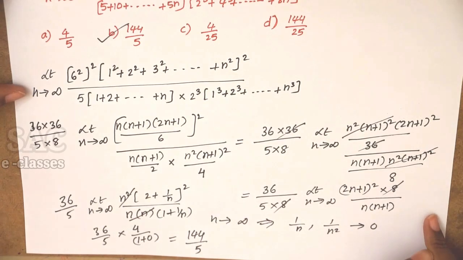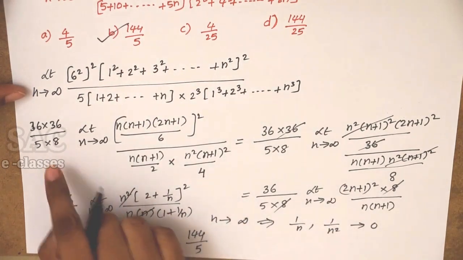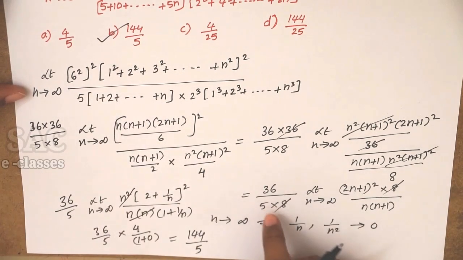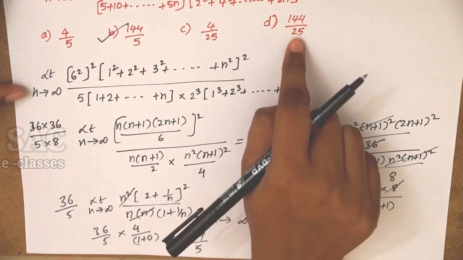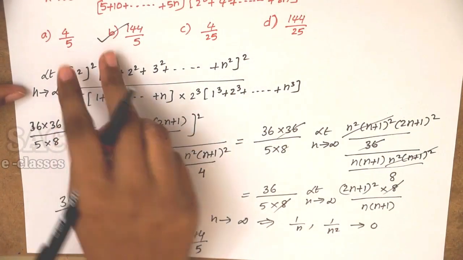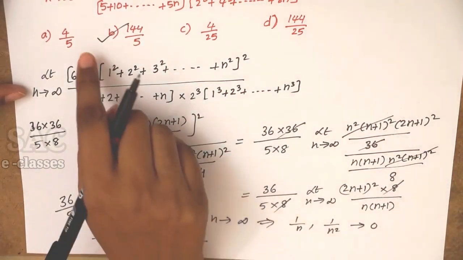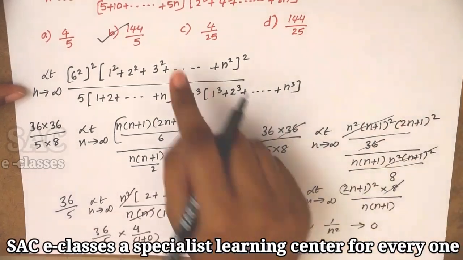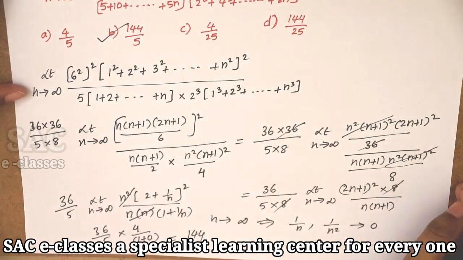Later on I have used the normal simplification to get it. We got the answer in the middle of it. It is definitely that the denominator is 5. There is no chance to get 25. That was known. But earlier we could guess that because it's already 36 by 5, some more value will come. So option B is the answer.